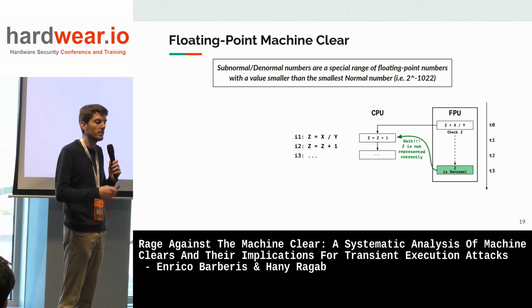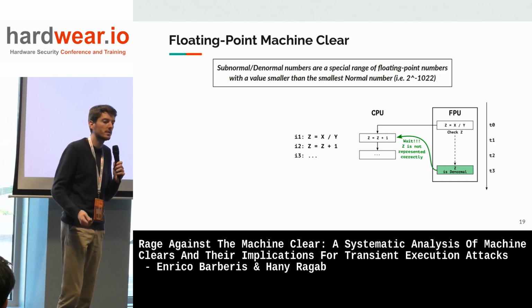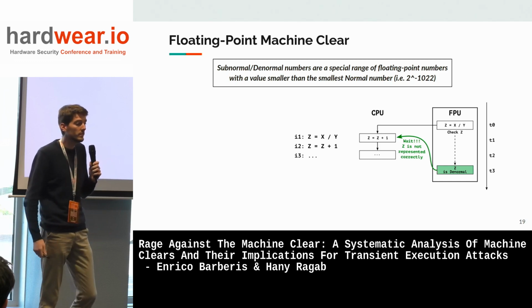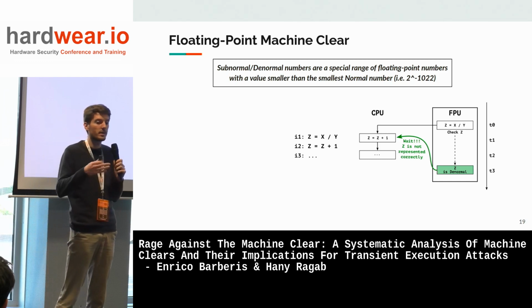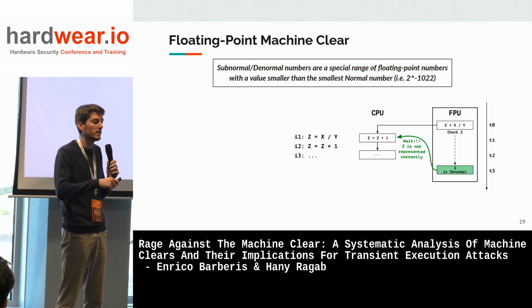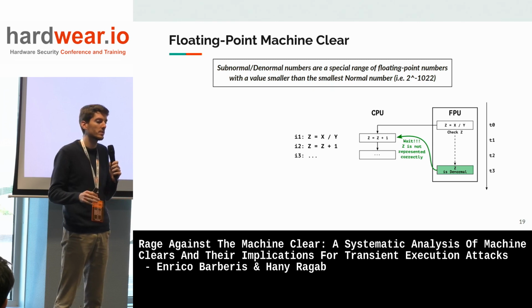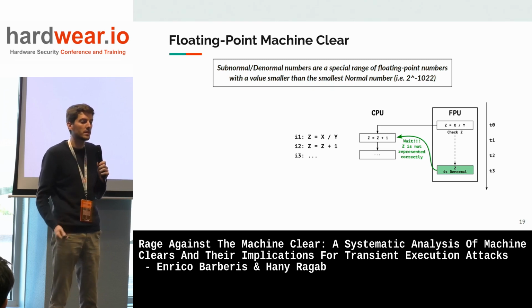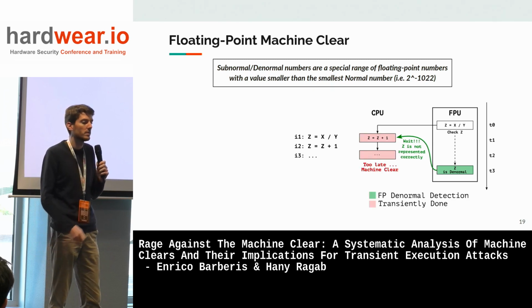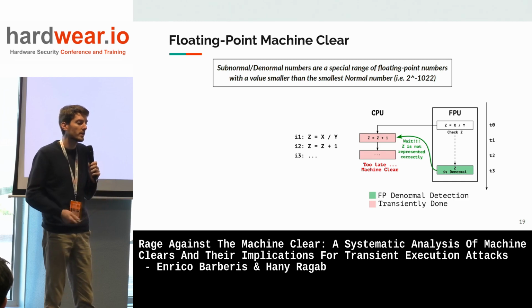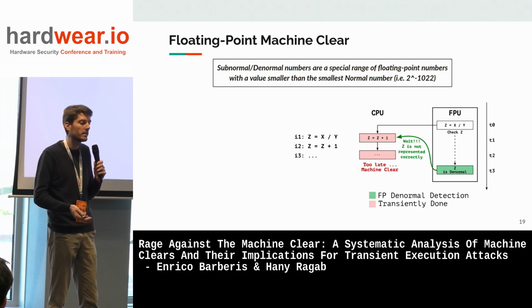But let's say that the floating point division result is actually a subnormal number. The FPU will detect this later and must warn the CPU pipeline to stop the execution because the FPU provided a wrong result. So here, for example, the instruction in red will be removed from the pipeline.